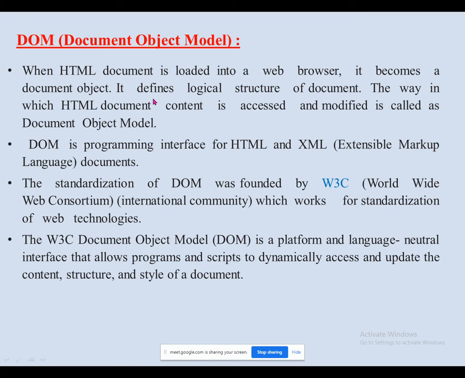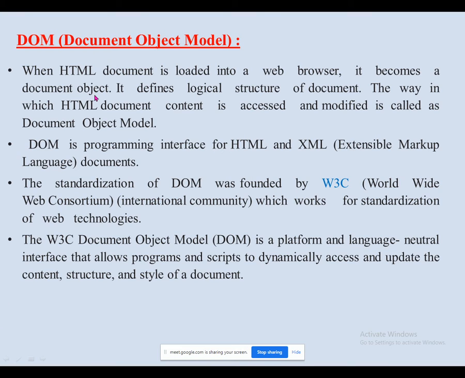What is the meaning of that? It means whatever I want to display on my web page, that complete data, complete formatting, complete structure can be managed by the user, meaning the programmer, with the help of the document object. The way in which HTML document content is accessed and modified is called the document object model. Okay, here two to three fill in the blanks.